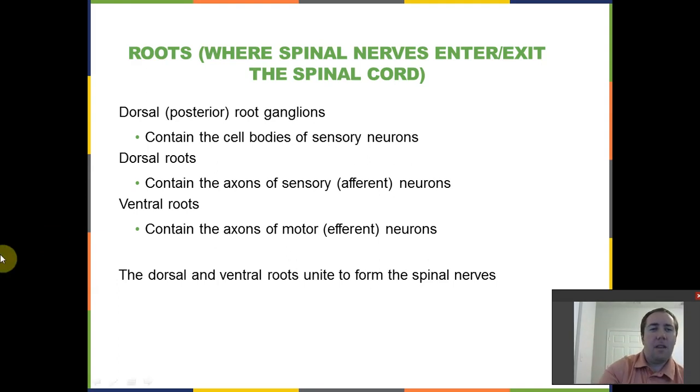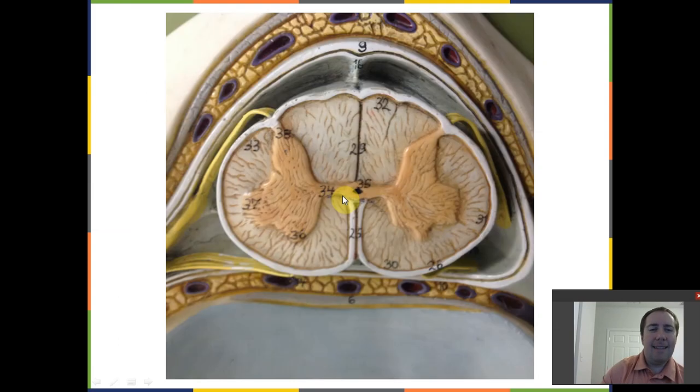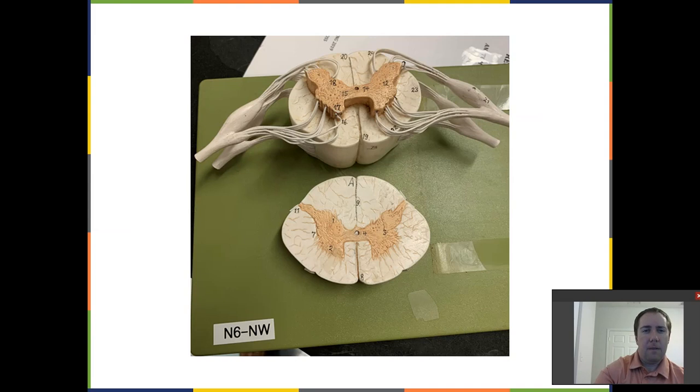So, we can't see the ganglion here. Hopefully, here we can see it. So if we follow the dorsal root back, you see there's this big bulb here. That is the dorsal root ganglion. That is where the cell bodies are, remember neurons have cell bodies and then very long axons.